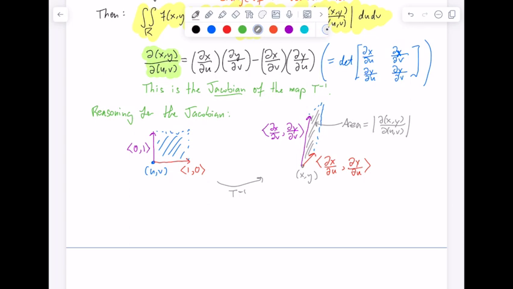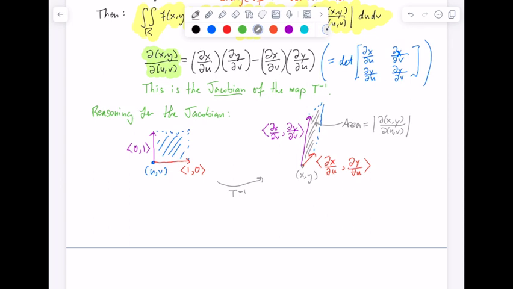So we see that basically if you divide up in the UV plane the entire plane into squares of unit side length, then the inverse map T takes this grid and distorts it. And this distortion basically distorts the area such that each unit square gets distorted into a parallelogram with area given by this quantity, the absolute value of the Jacobian.